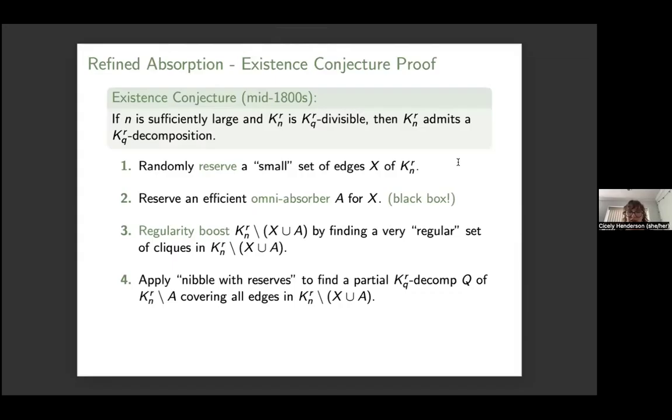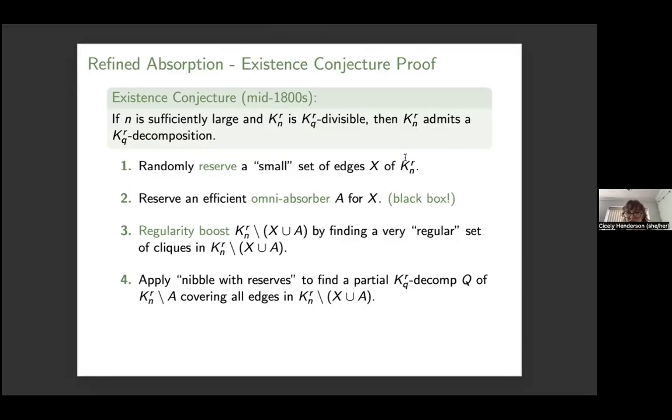So as a reminder, here's the existence conjecture from the mid-1800s. It posited that if n is sufficiently large and K_n^R is KQR divisible, then K_n^R admits a KQR decomposition. Here's a brief proof outline of Delcourt and Postle's 2024 existence conjecture proof.